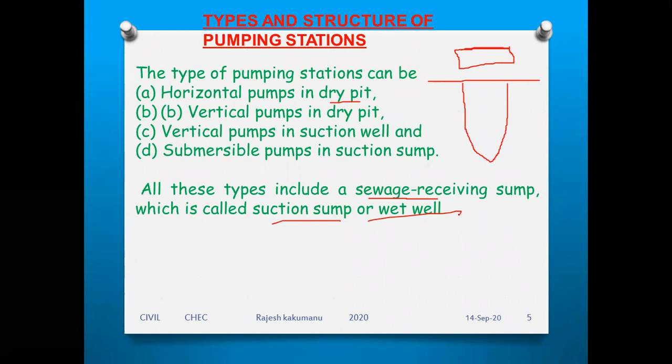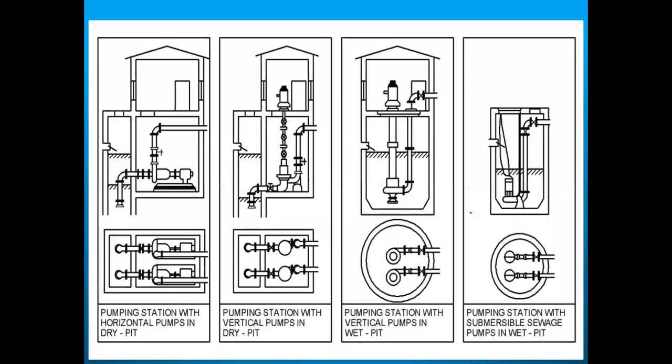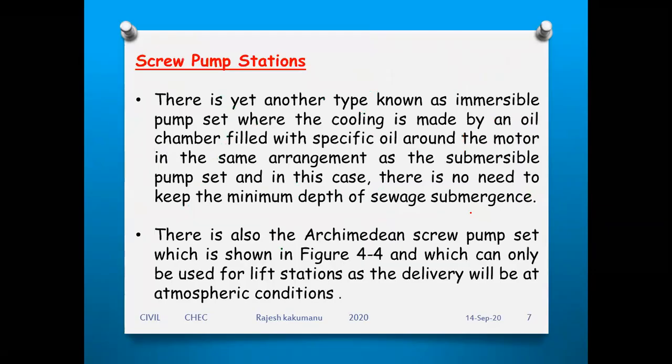In the dry well system, various pumps are used, horizontal pumps and vertical pumps. Whereas in the wet well or suction sump, we use vertical pumps as well as submersible pumps. Another thing we have is the screw pump station.